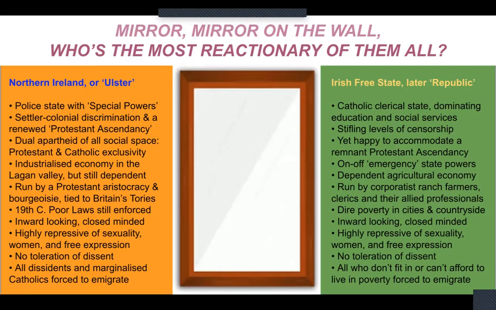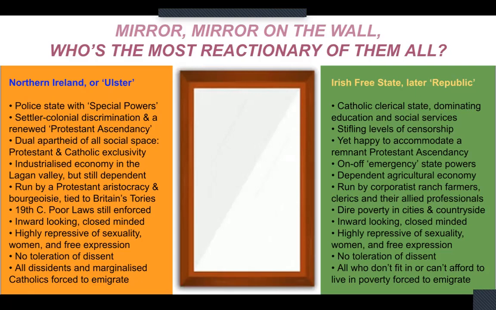But there was a renewed Protestant ascendancy, and one that, instead of just meaning Anglican Protestants, also included non-conformist Protestants, which is quite a change from before, because the dissenters were actually discriminated against right up until the early 19th century within the British rule of Ireland.